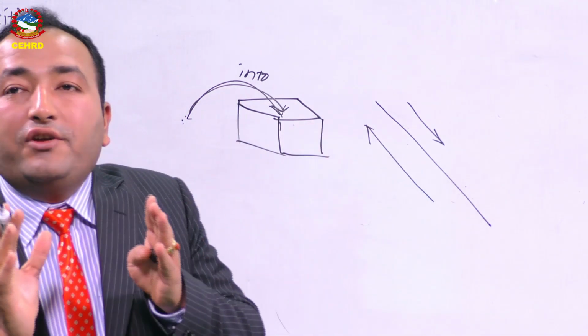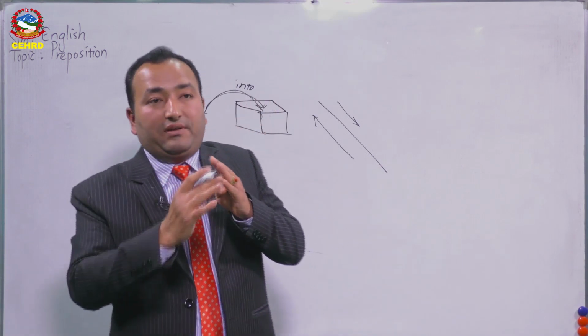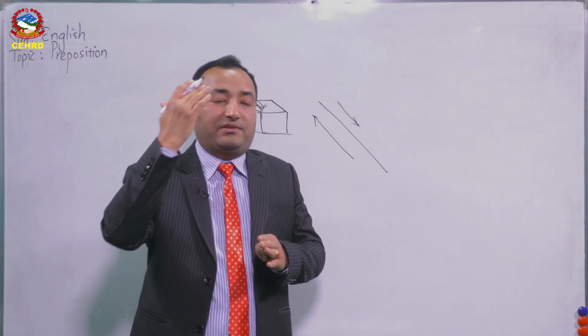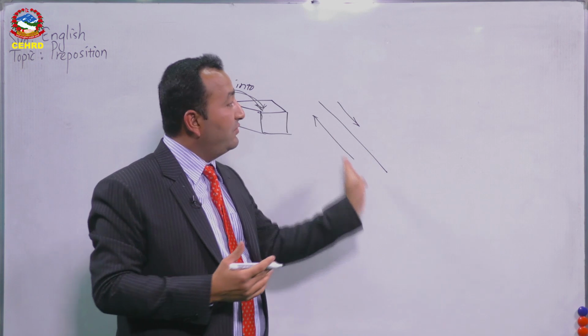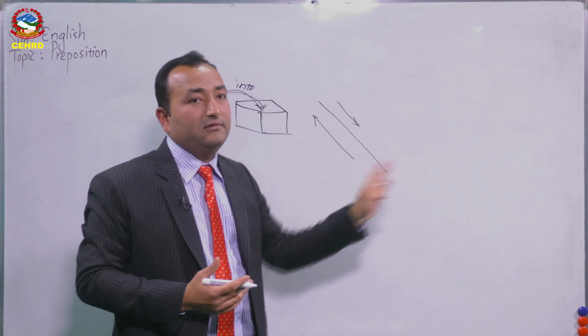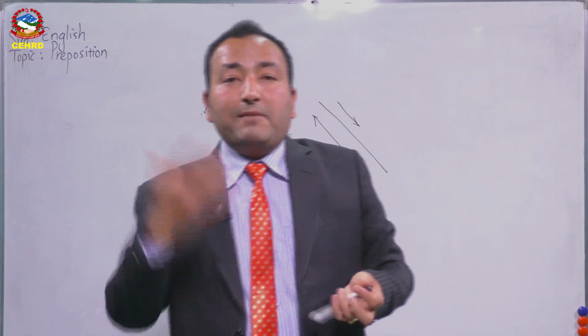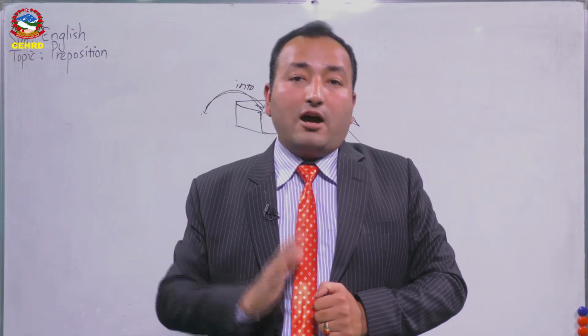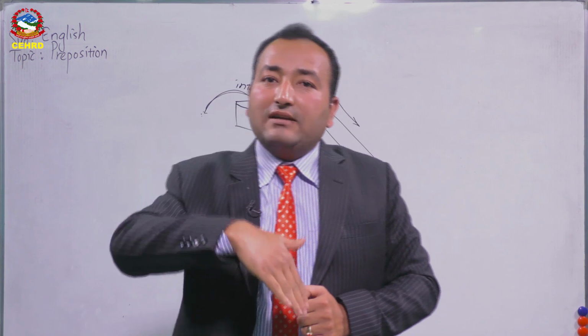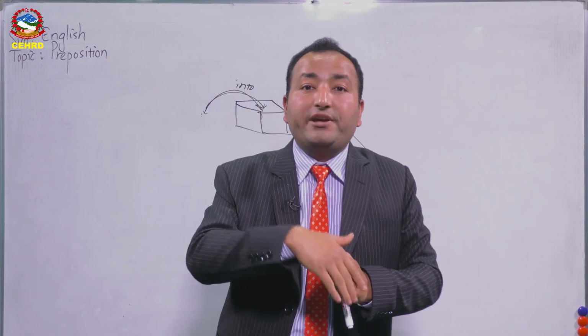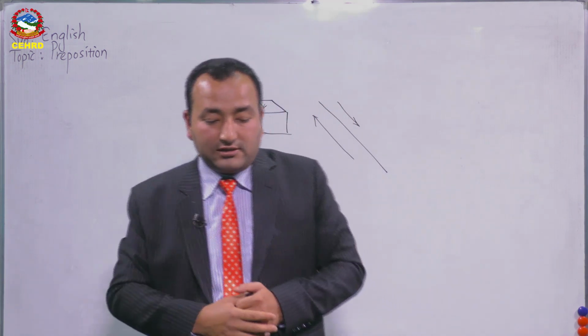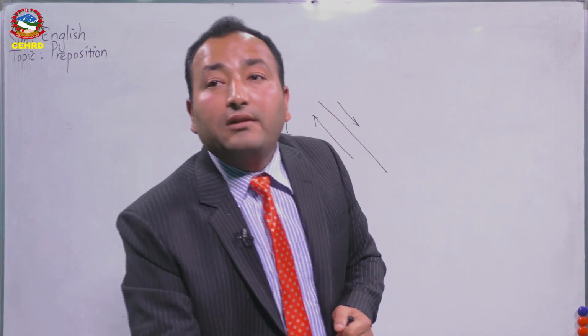These words just describe the position, lower position or higher position. Going down, going up. Some people are climbing up the hill. Up the hill. Some people are climbing down the hill. Down means going down, getting down. So this is how we use down and up.